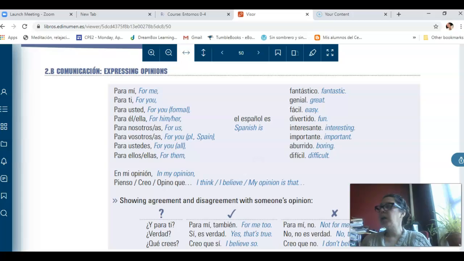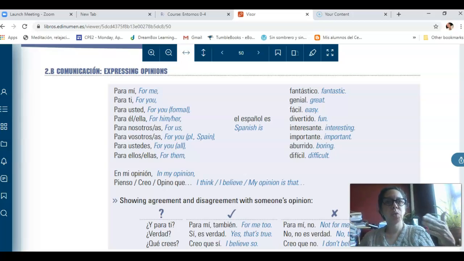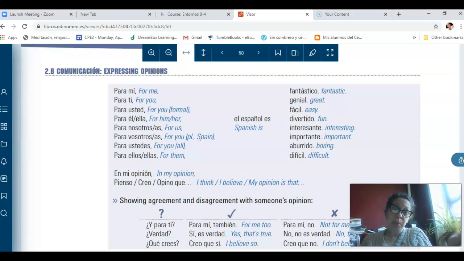So if we want to express more opinions, we have some other expressions. But remember, not only you will have an opinion. Other people will have their opinion too. So we have to learn how to express that.